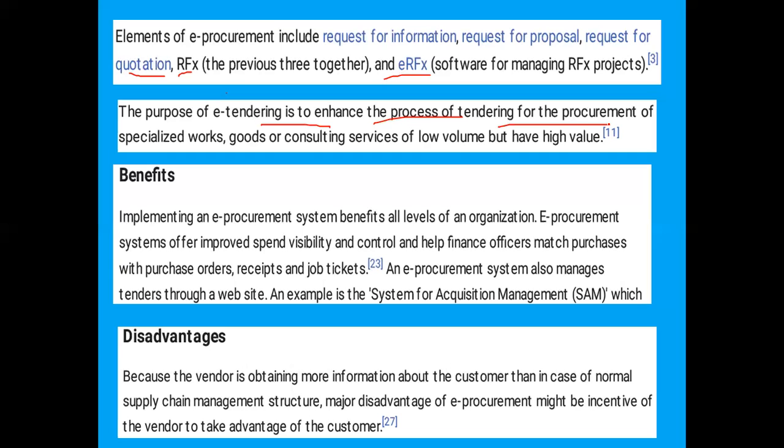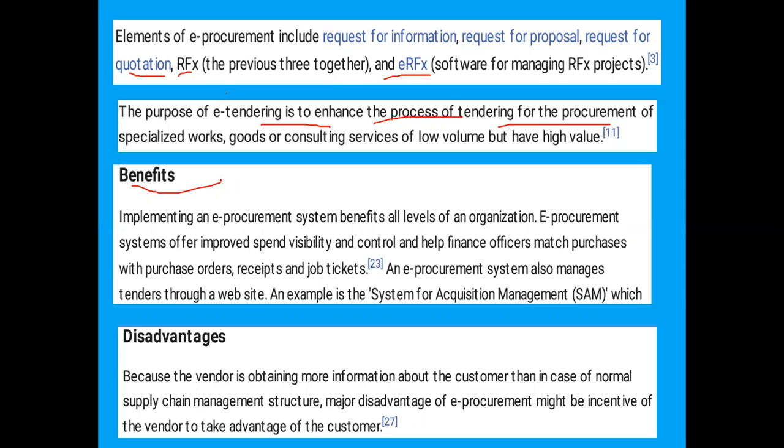Next, what are the benefits of this e-tendering process? Implementing an e-procurement system benefits all levels of the organization.